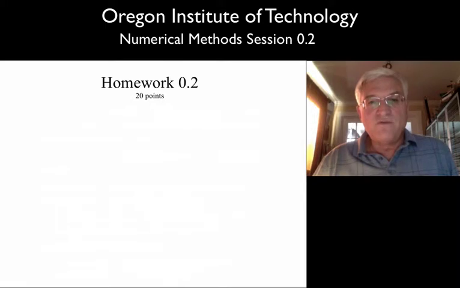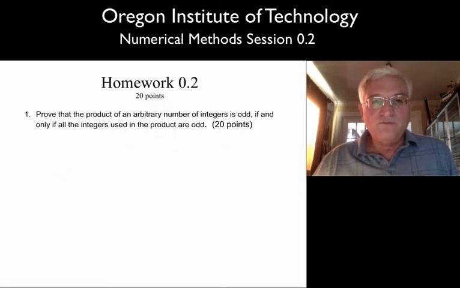Okay, so it's time for another homework. What I'd like you to do is prove that if you have an arbitrary number of odd integers, then the product is odd. That's one direction on this if and only if statement. Or if you go backwards and say the product is odd, then prove that every integer must be odd.